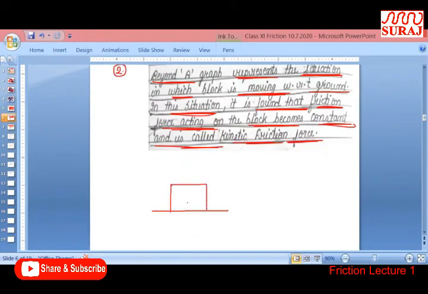What happens when a block is kept on a rough surface and you apply a force externally, there exists a resistance force between the surfaces in contact. The friction force for the block opposes the relative motion.